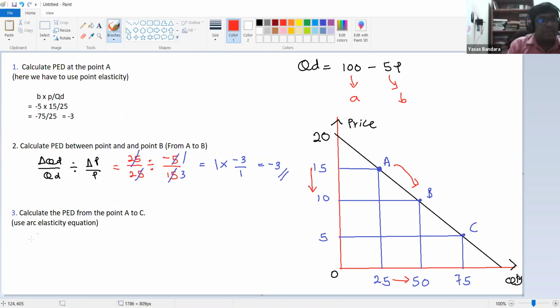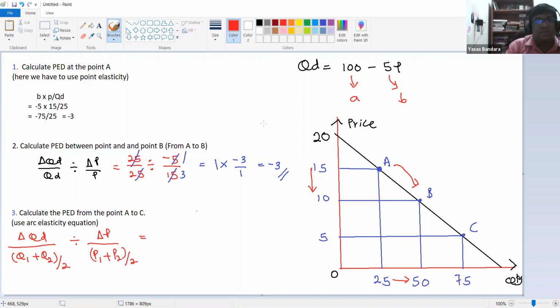Can you remember? That is delta QD, we divide it from Q1 plus Q2 added and divided by 2, divided by delta P over P1 plus P2 divided by 2.